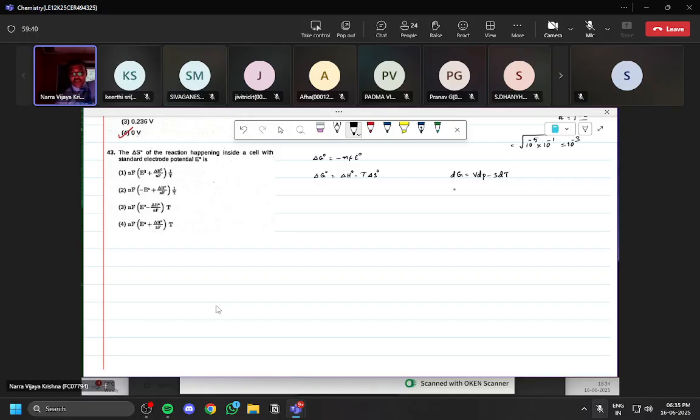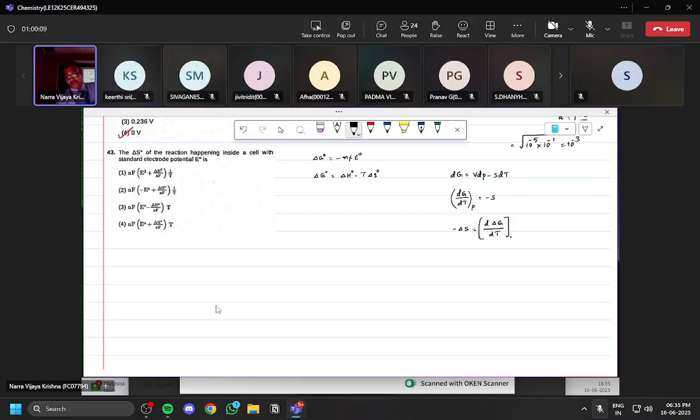Now, if temperature is constant, what do you get? dT becomes 0. If pressure is constant, dP becomes 0, then VdP term becomes 0. So dG upon dT at constant pressure can be written as minus S, means minus delta S is equal to d delta G upon dT at constant P.